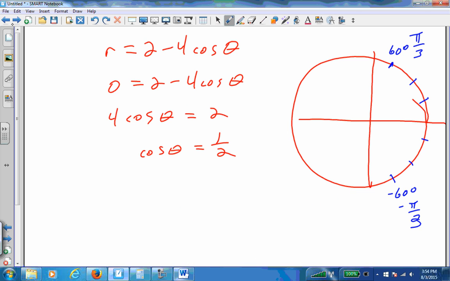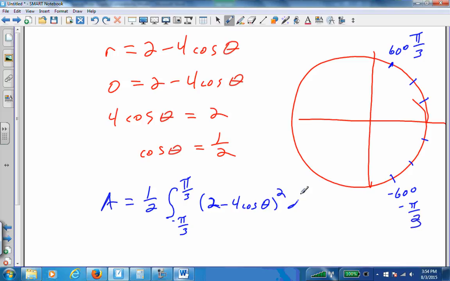So we want to do 1/2 the integral from negative pi over 3 to positive pi over 3 of our radius squared d theta.